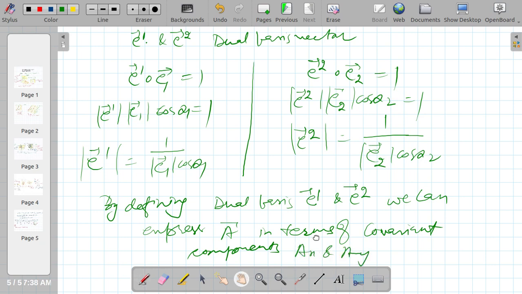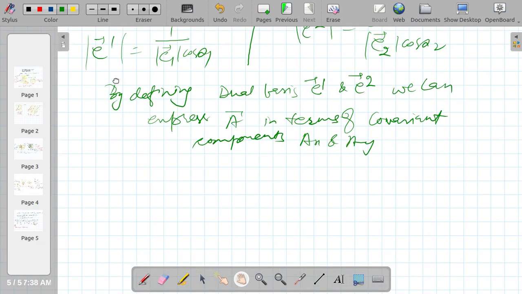To sum up these results, finally, this is the A vector. It can be expressed as AX E1 plus AY E2.